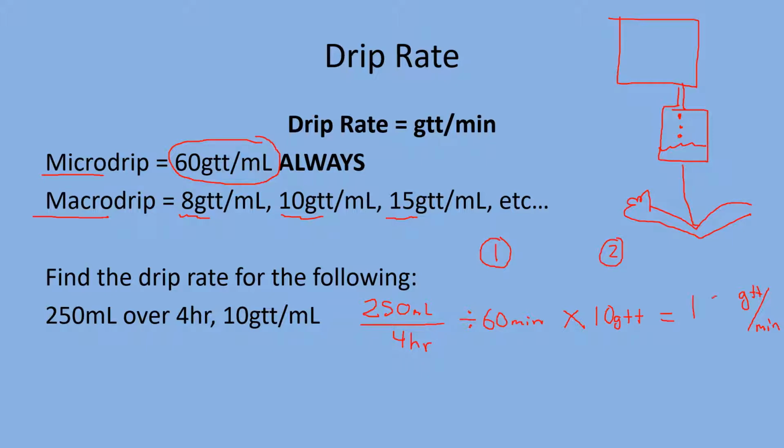Okay, so about 10 drops. So what the nurse will do is they'll adjust the tubing and they'll count over a minute for about 10 drops, and then they will know the flow rate is set correctly. So they can't wait an hour, but they can wait about a minute.